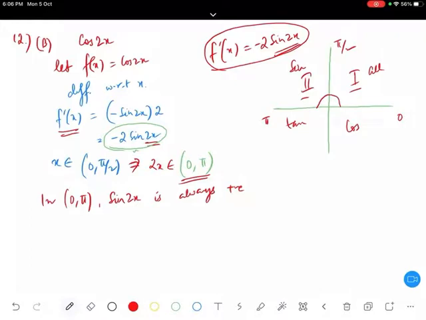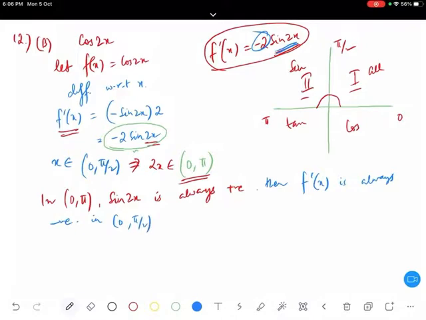And if sine 2x is always positive, here in front of sine 2x you see minus 2, right? So if sine 2x is always positive, that implies what? Then f dash x is always negative.